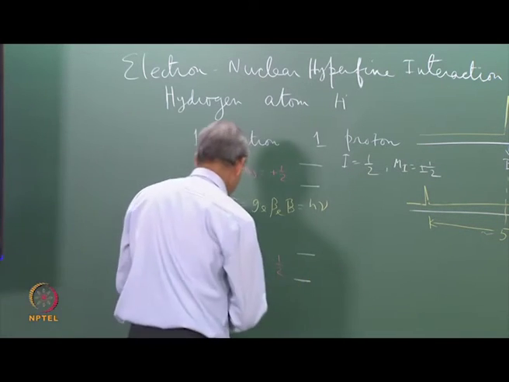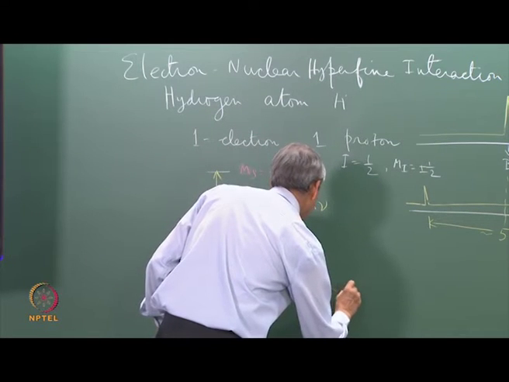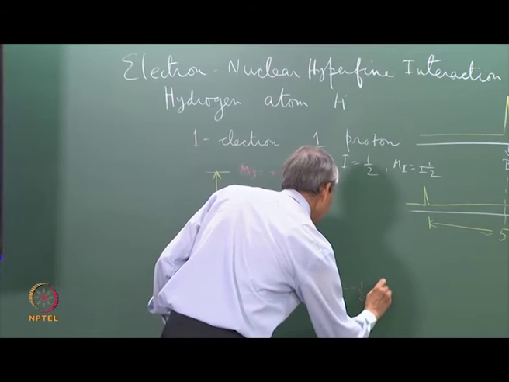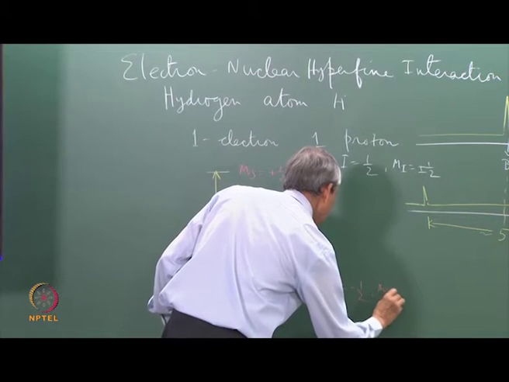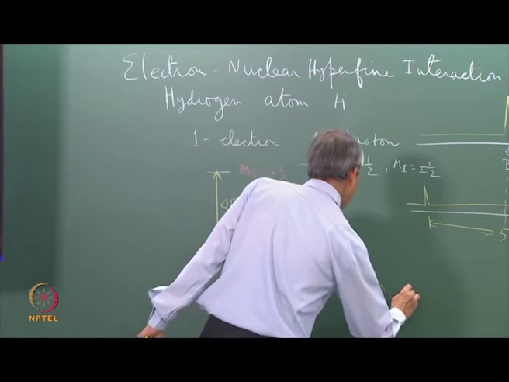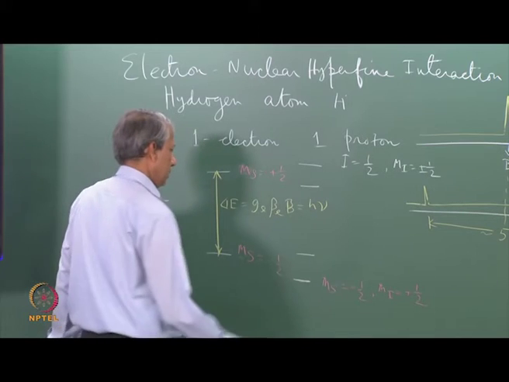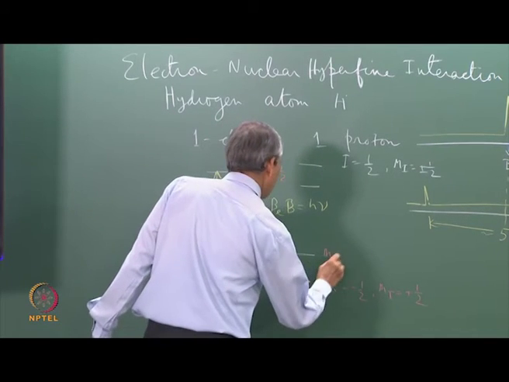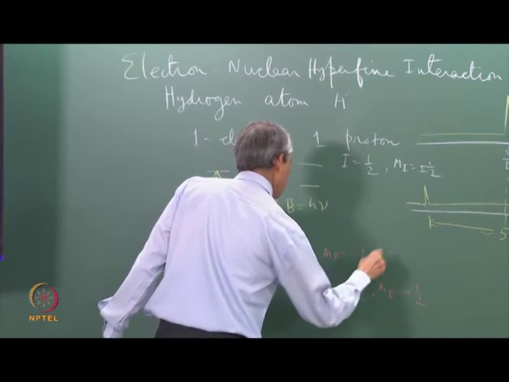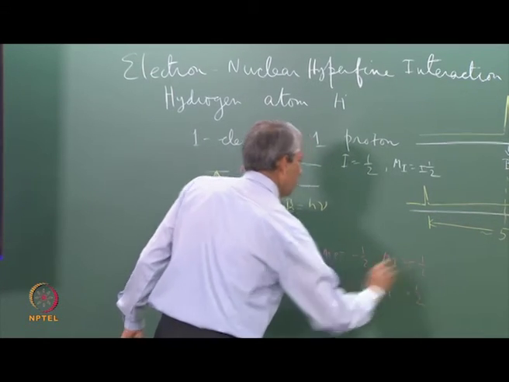So, this could be now ms equal to -half and mI equal to plus half, let us say. This could be ms equal to -half and mI will also be -half.